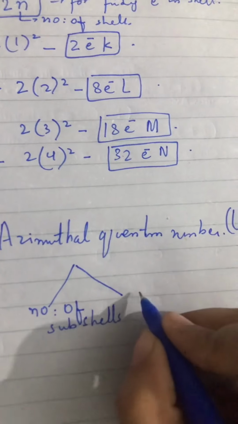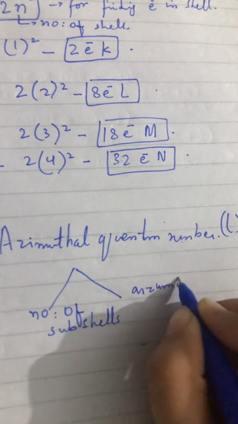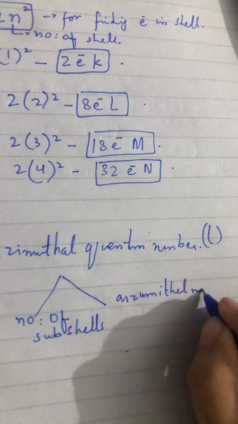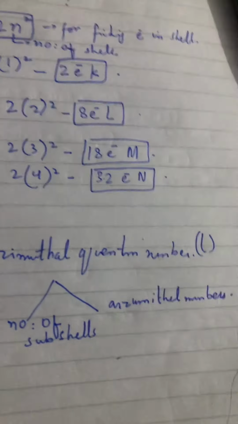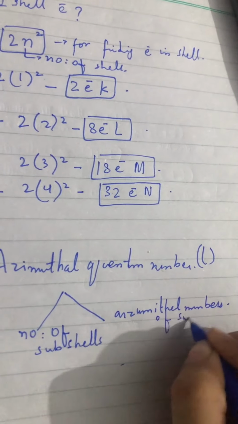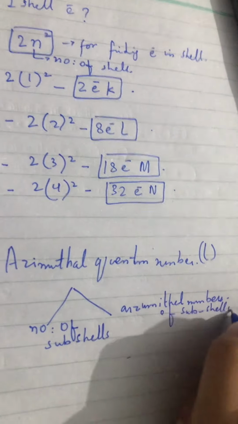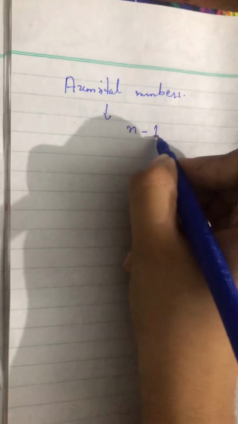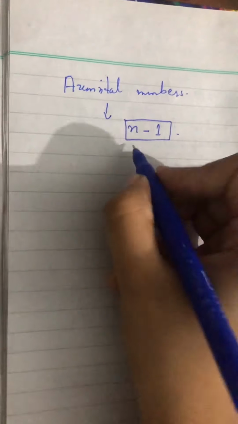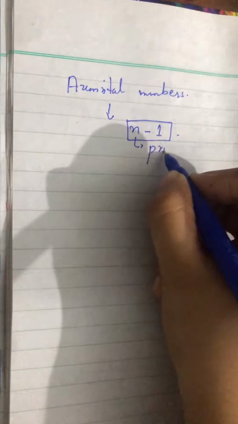In this we are finding azimuthal numbers of subshells. For finding azimuthal numbers, the formula is n minus 1, where n represents the principal quantum number.